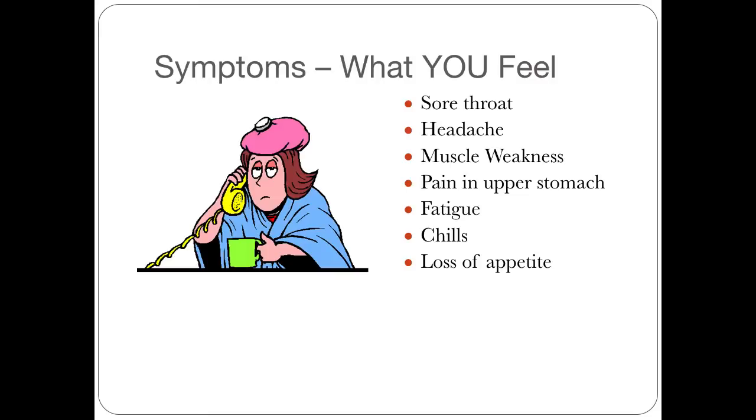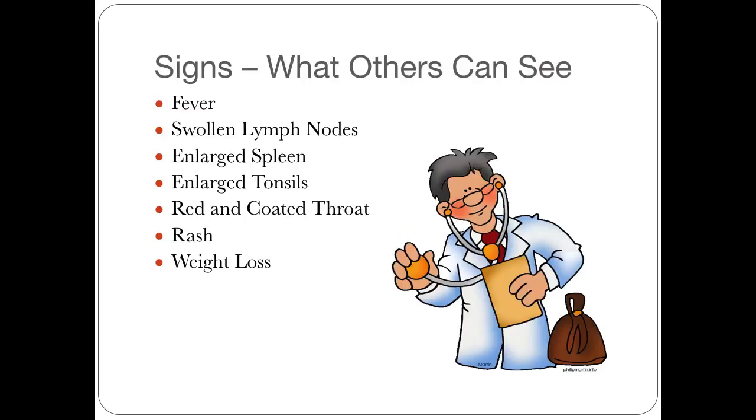But for most people, it can last anywhere from about a month from when you got your first symptom to like a year and a half later. And so when you go to the doctor, these are the things that the doctor will be able to see.